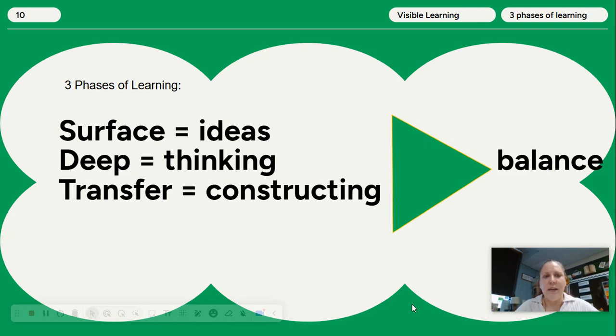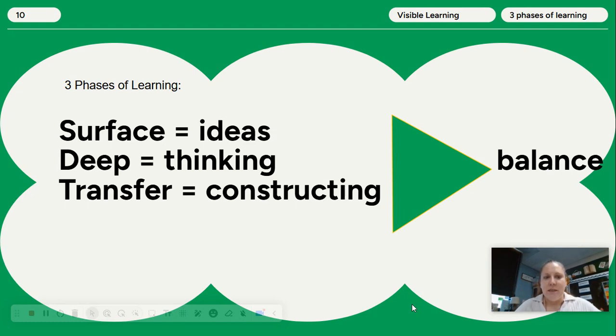So surface learning is, think of this as like ideas that students have. Deep learning is thinking, really analyzing and thinking about these ideas. And then transfer is constructing. So a little spoiler alert, transfer is going to be like a PBL. And we'll talk a little bit about PBLs in that transfer learning training.